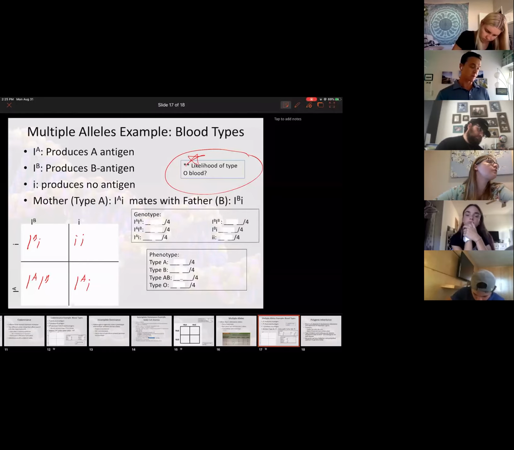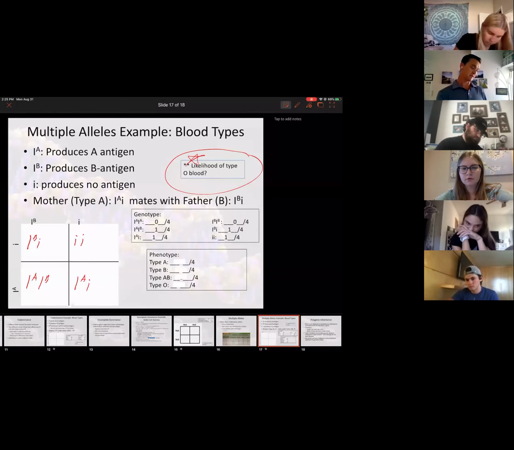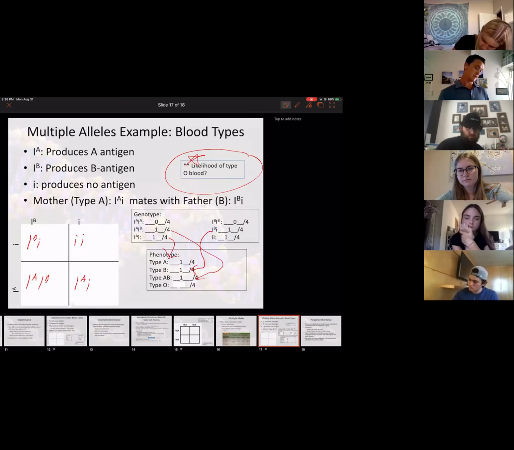So I wrote in the Punnett square there. Let's look at the genotypes: 0 for AA, 1 for AB, 1 for A with the small i, nothing for BB, 1 there, and then 1 for type O blood. Then we convert that to phenotypes. Type A would be this one, type B would be this one, type AB would be this one, and type O would be this one here.